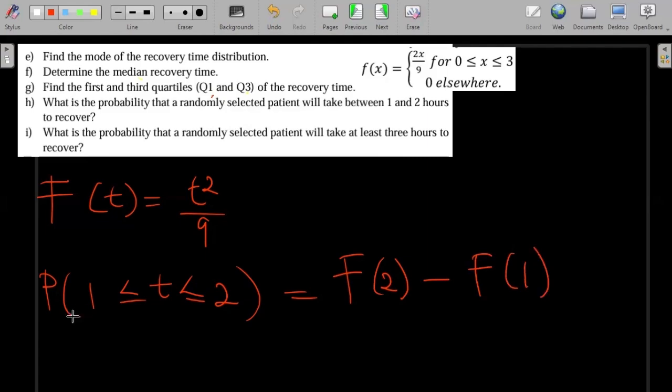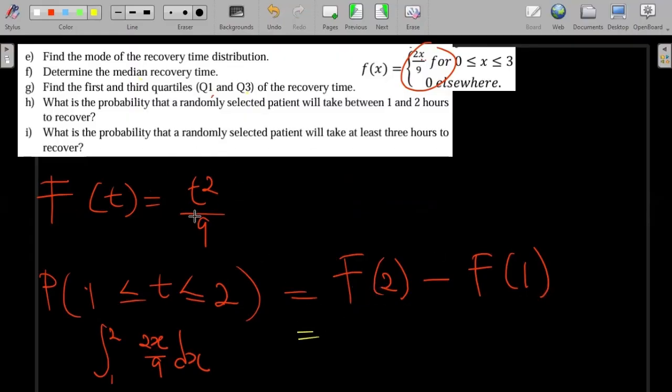But if you want, you can integrate the function you've been given, 2x over 9 dx, over the interval 1 to 2. The answer you find will be the same as the answer you get here. So here we're finding F of 2.